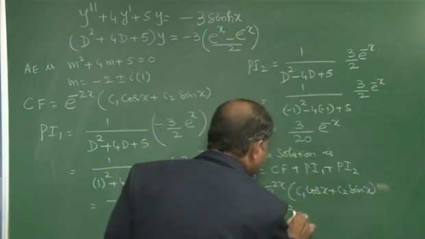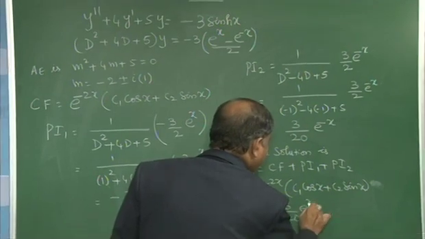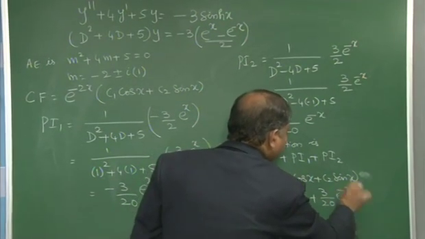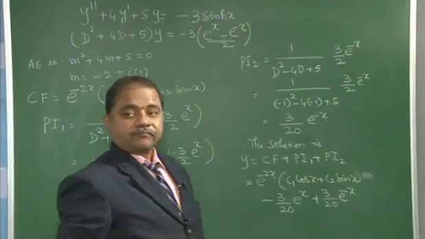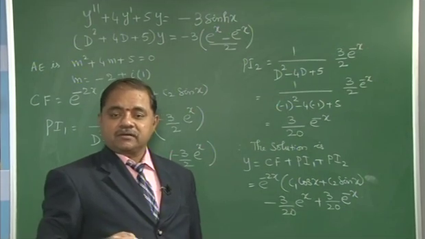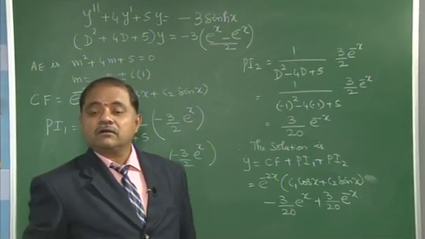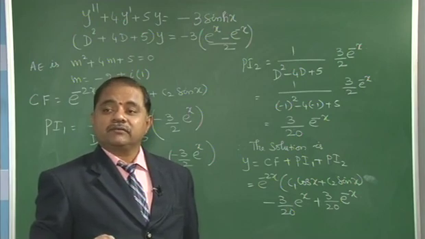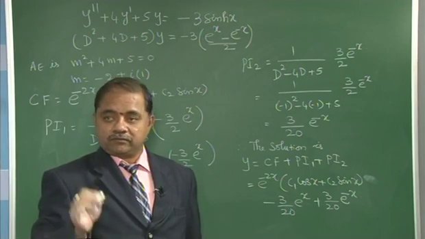So minus 3 by 20 e power x plus 3 by 20 e power minus x. This is for sin hx. Similarly, one problem is there for cos hx in the notes. You can try, otherwise in the next class we can do it.